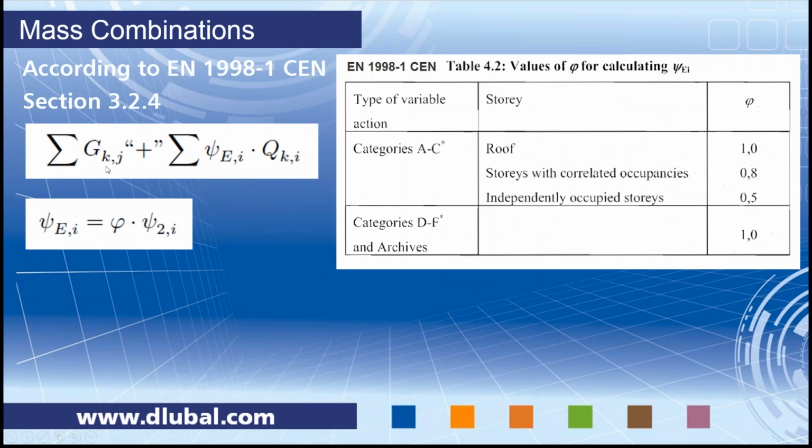In accordance to Eurocode 8, you have to consider masses resulting from the permanent loads and masses resulting from any imposed loads, and where the value of psi_E is composed of a value of phi in accordance to Eurocode 8 and a value of psi_2, which is known from the Eurocode 0. So categories A to C, if it's a roof level, then the value of phi is 1, and if it's any other independently occupied story, it's a value of 0.5.